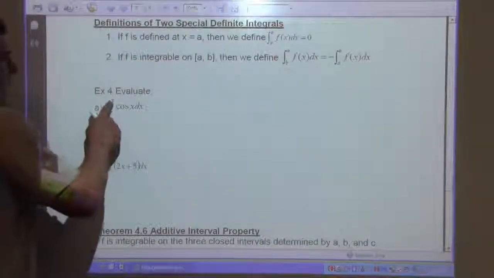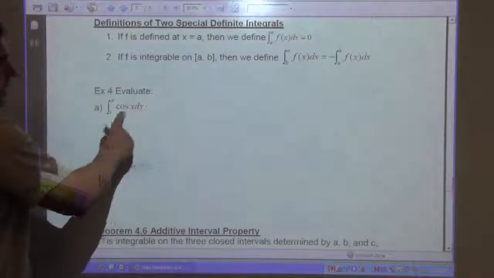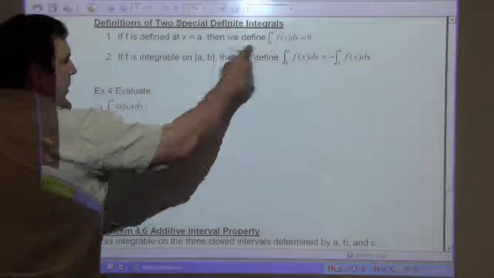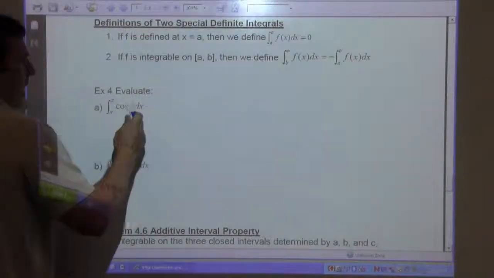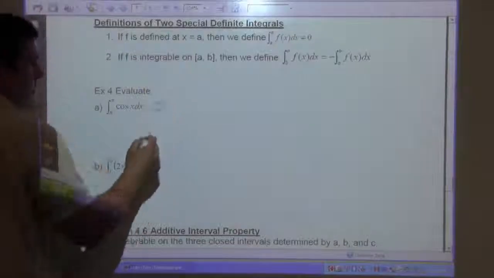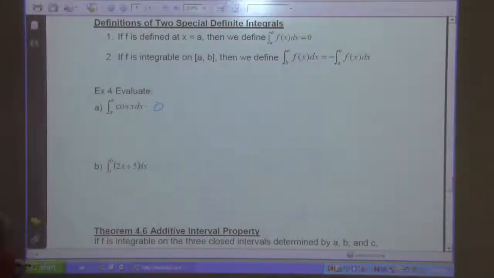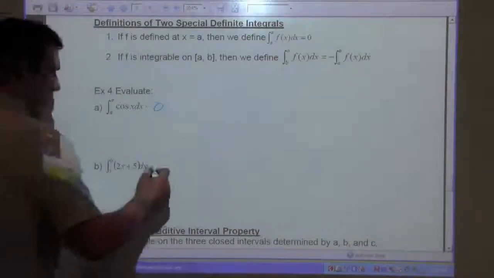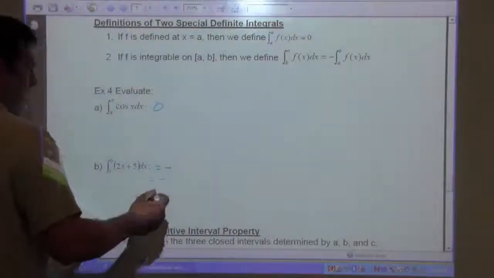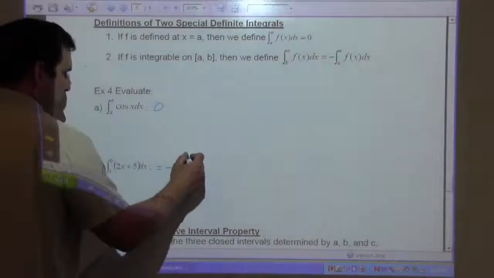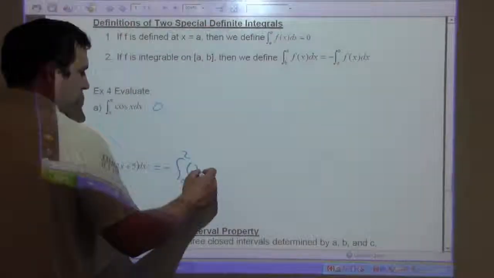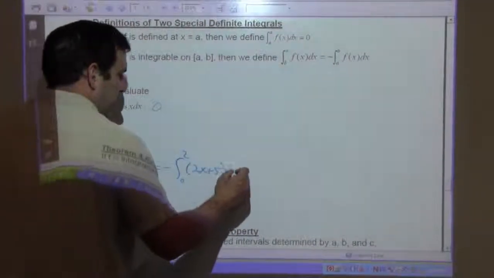So what's the integral from pi to pi of cosine x dx? This follows the first one up here, going from the same thing, a to a. This is just 0. And the integral from 2 to 0 of 2x plus 5 is going to be the negative of the integral from 0 to 2 of 2x plus 5.